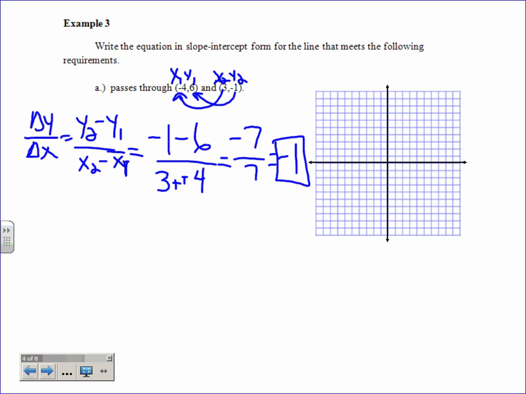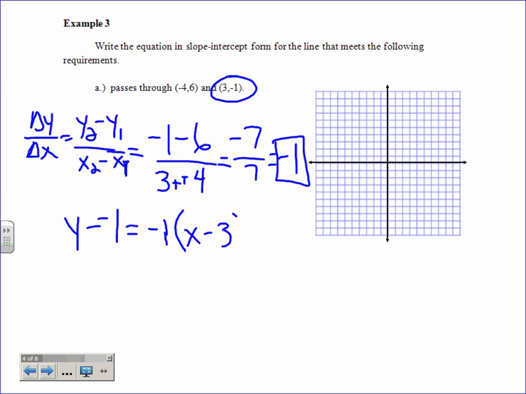Which point do you want to use? 3, negative 1 is an excellent choice because the numbers are smaller. That's the only reason that matters. So here we go. Y minus, well, what's the y value of what we chose? It's negative 1. Slope is negative 1. And x minus 3. Any questions so far?